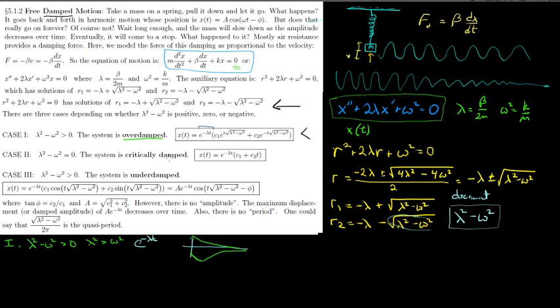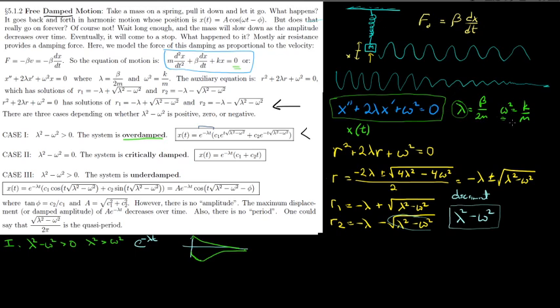So when lambda is big, lambda represents how viscous the medium is. The bigger the beta, the bigger the lambda, the more thick the medium is. Remember, omega has to do with the stiffness of the spring. If the spring is not very stiff, then this just has back and forth motion.